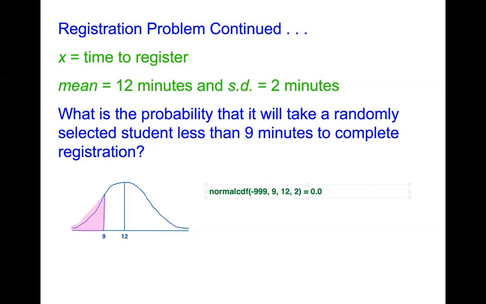Yeah, so 0.0228 or so. I don't know if you're reading your calculator right, but it's 0.0668. So defog the glasses, I think your 2s maybe are actually 6s.